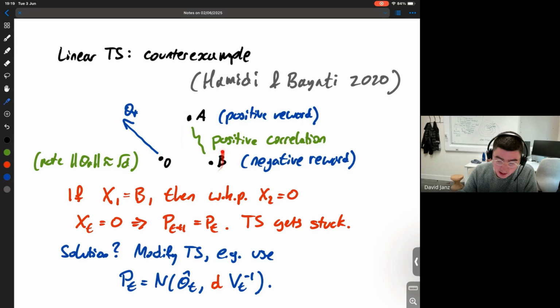Because A and B are positively correlated, you might conclude that both A and B might have on average slightly negative rewards. And once you do that, there is a good chance that the next sample will be in the other direction from A and B.